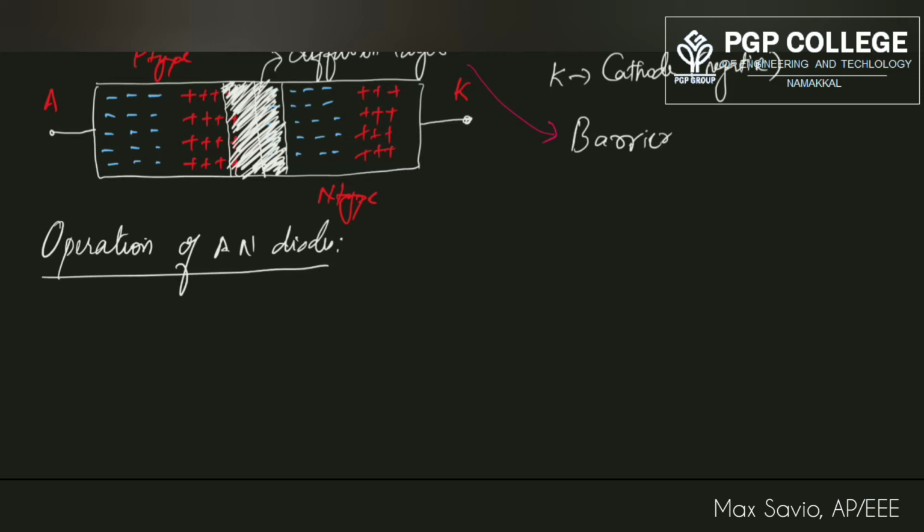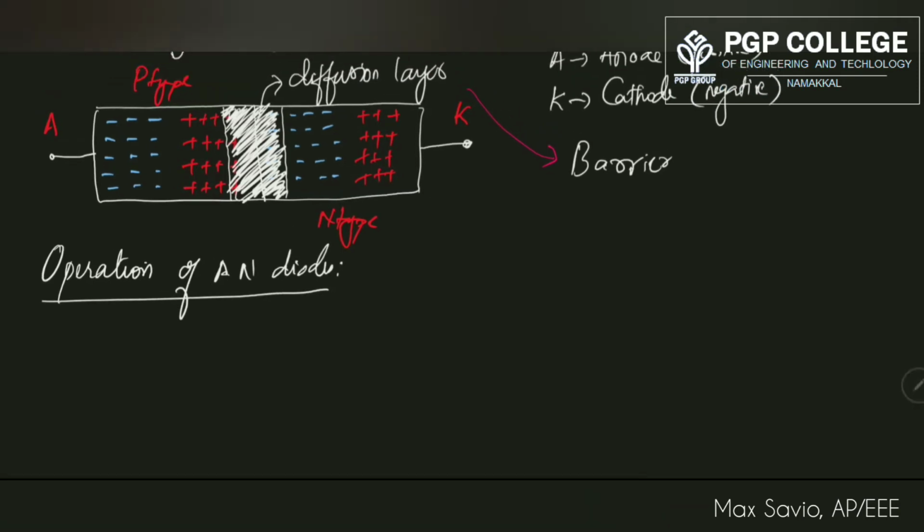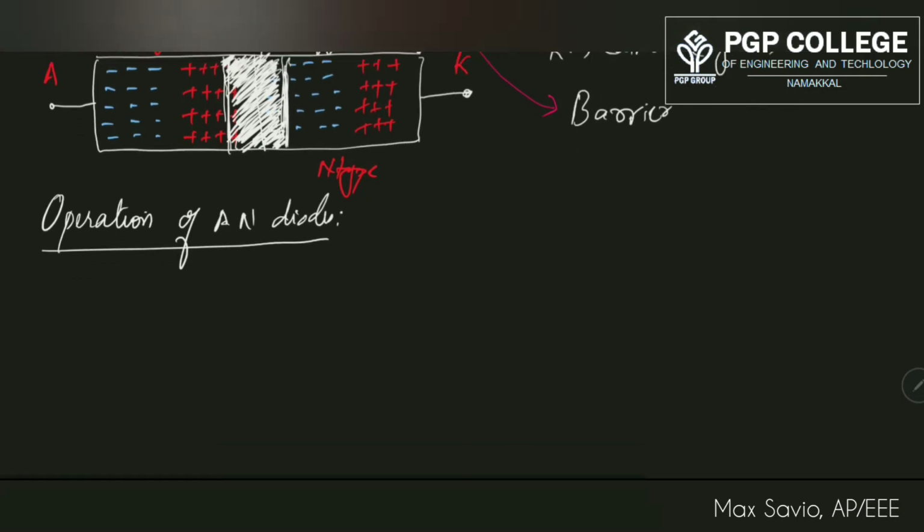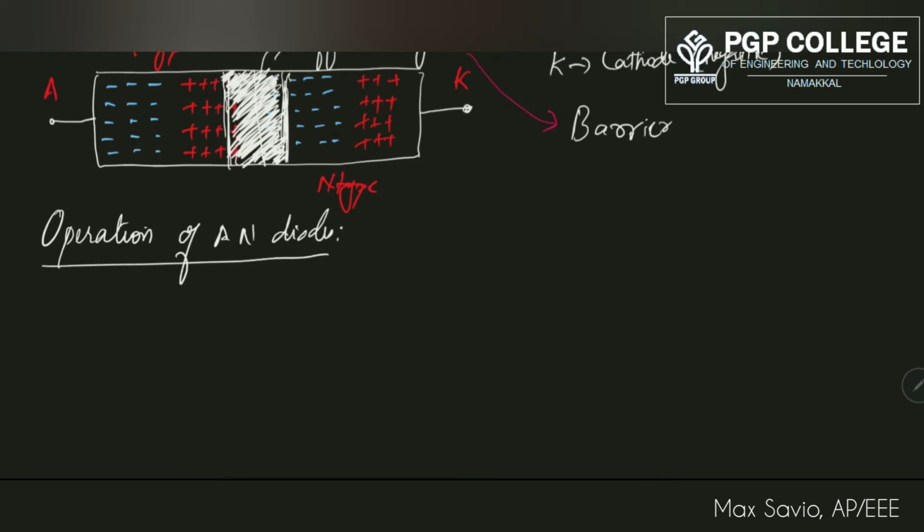It is already clear from the visualization that since the diffusion layer is present, the movement of holes or electrons from one layer to another is not possible, because it stands like a wall separating these two layers. So now we have to provide an external voltage or external force that is going to break this wall, the diffusion layer, and then it's going to conduct.